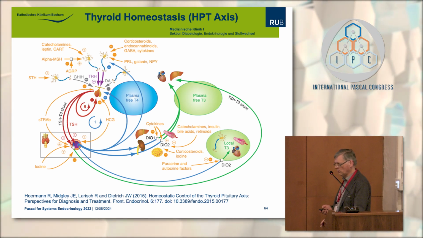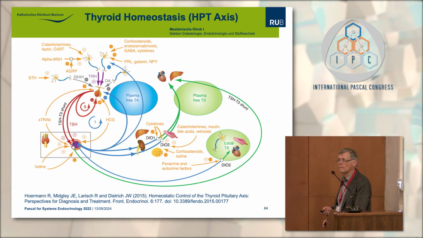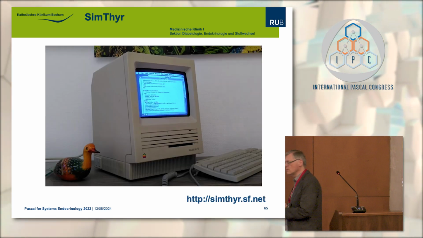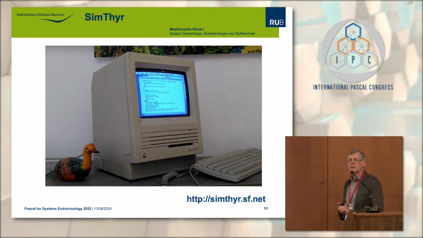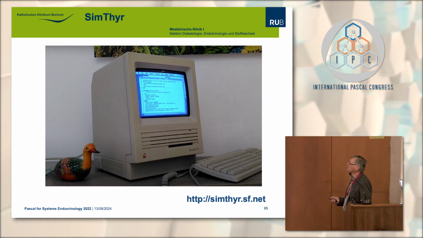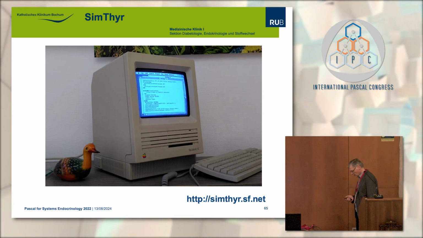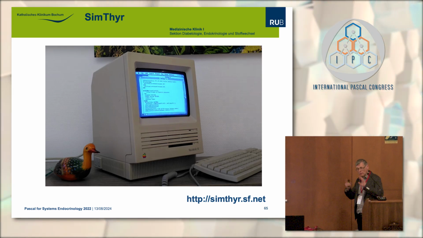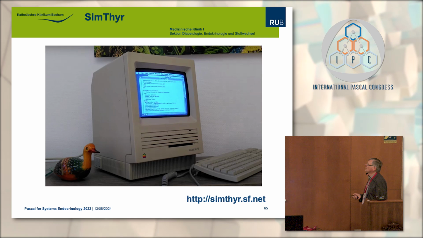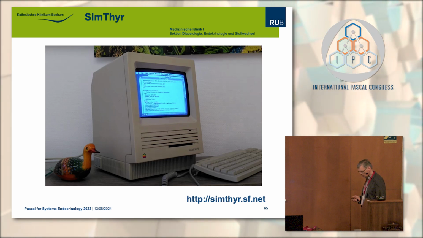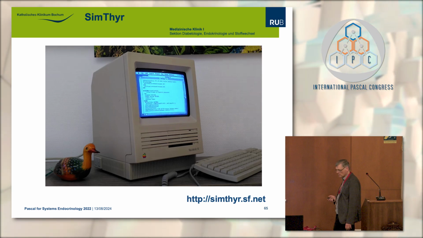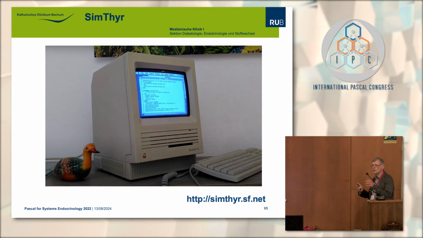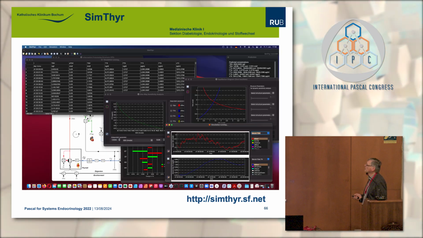And for this purpose, we developed a computer program. Its development began nearly 30 years ago, in 1994, in Zinc Pascal on this Mac SE. We also learned about Zinc Pascal this morning. This was an old object-oriented Pascal dialect, that's still old objects, so the old variant of Object Pascal.